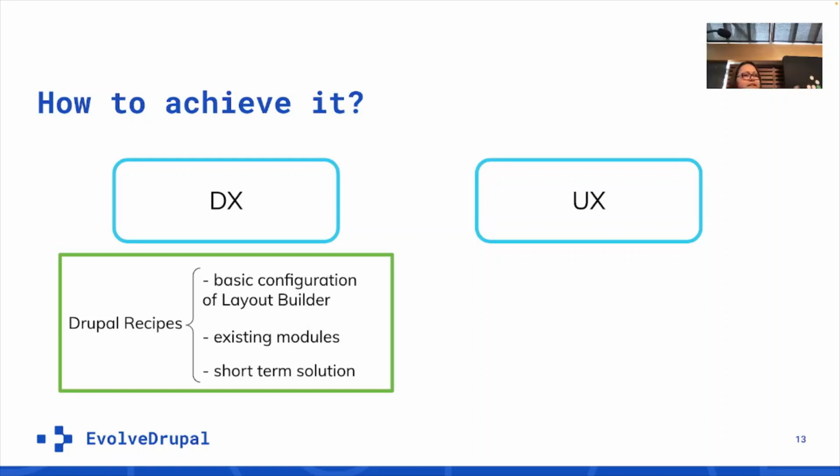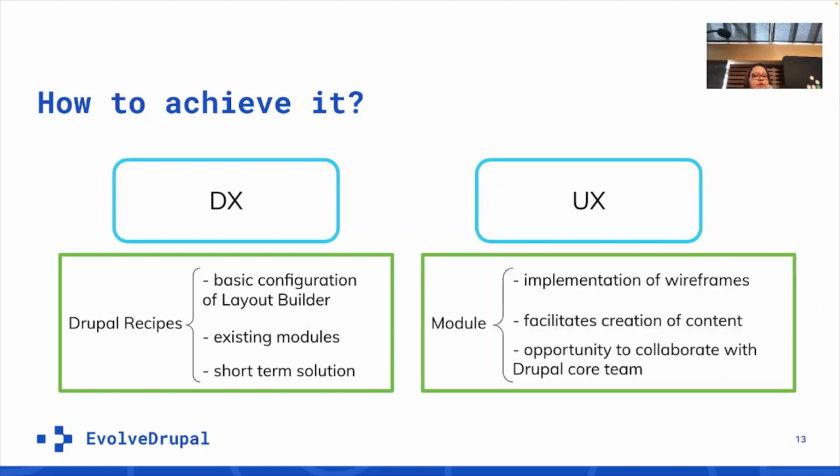This is like, let's say, a smaller scope because we can create the recipes and start working with them in a short-term period. The other part, which is the UX, for this we even created some wireframes that I can show you at the end if I have enough time. But the idea with this one is maybe to provide a module with general UX improvements for layout builder.